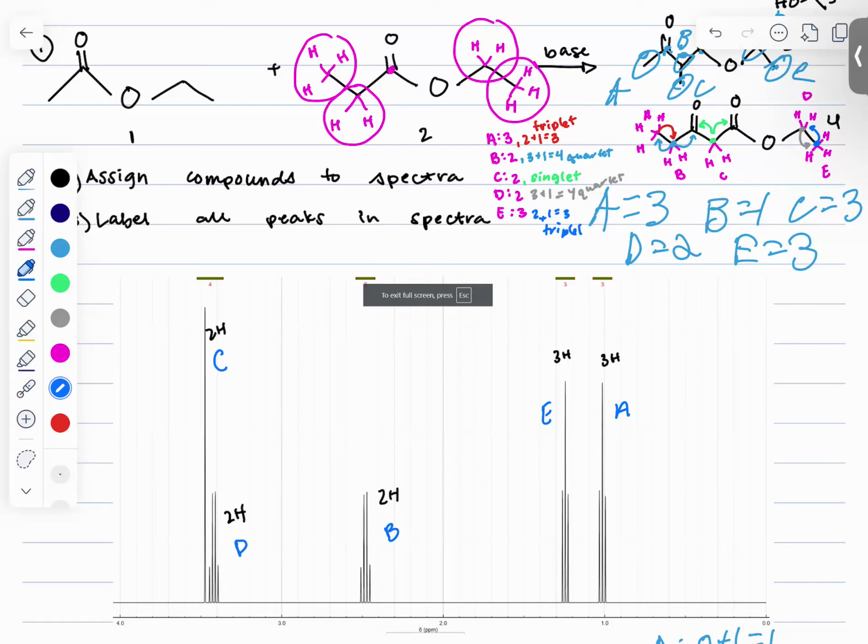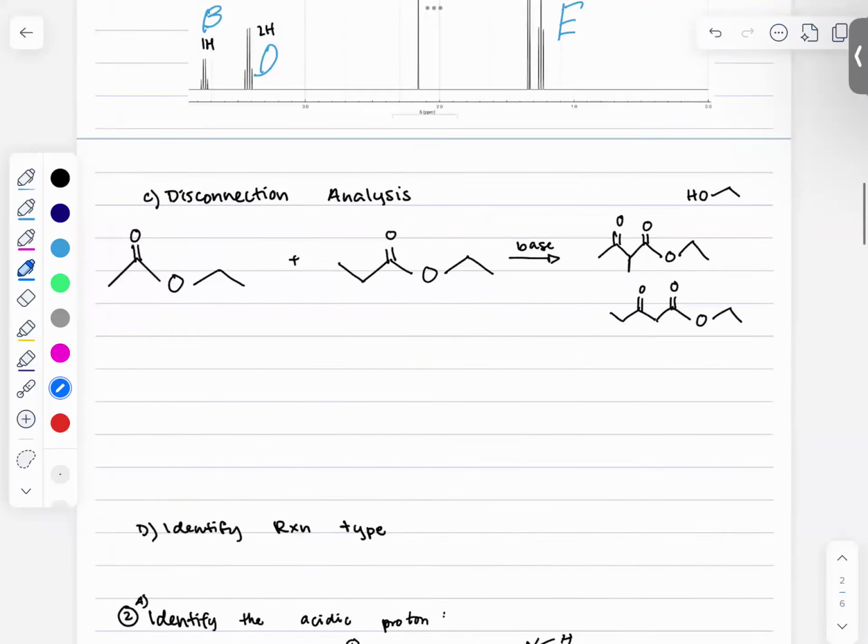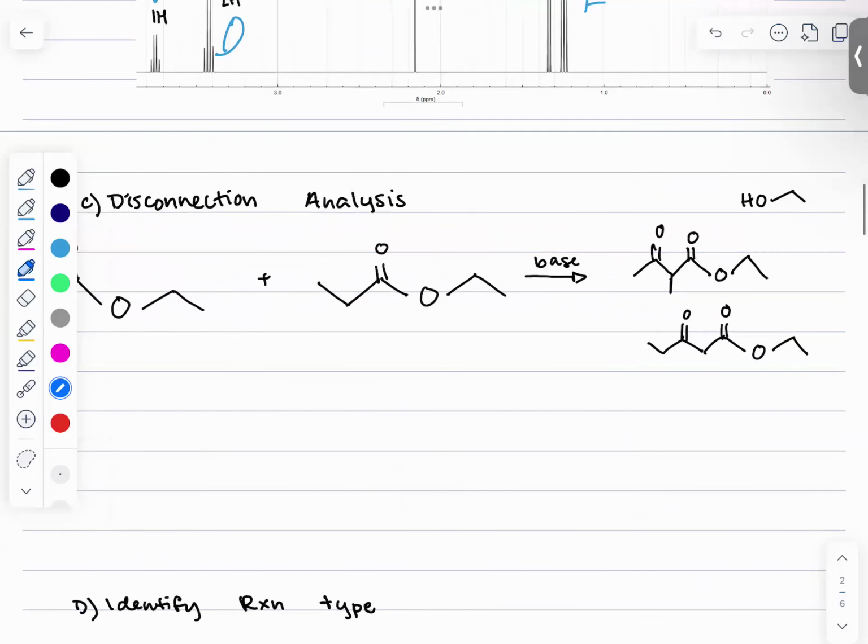Can we do it at the end? So, we know this is 4. My next question for y'all. This is the same reaction as we just did the NMR for. Can you do the disconnection analysis for it?